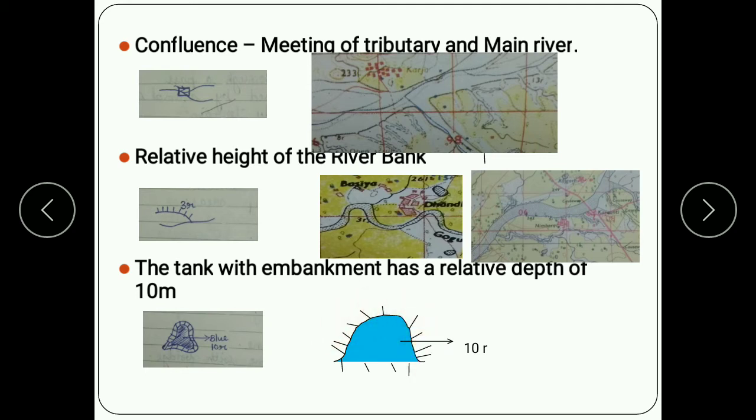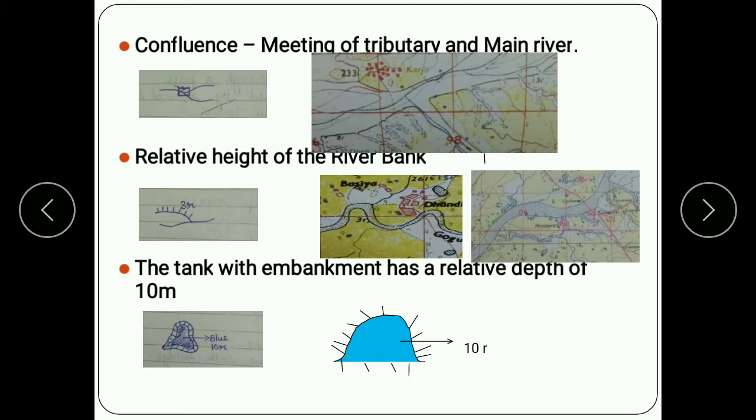Why? Because this tank is full of water. Water is available inside the tank. So what is the depth of the water level? In this case, we will say that the tank with embankment has a relative depth of 10 meters, not height. It will be a depth because water is filled.